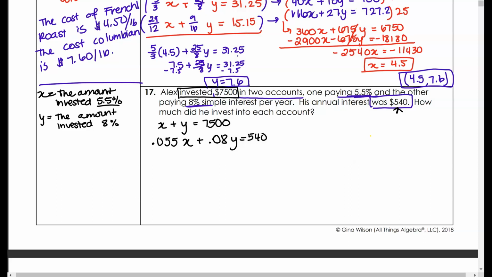So we want to go ahead and cancel out one of these variables. So let's go ahead and multiply that top one by negative 0.08.